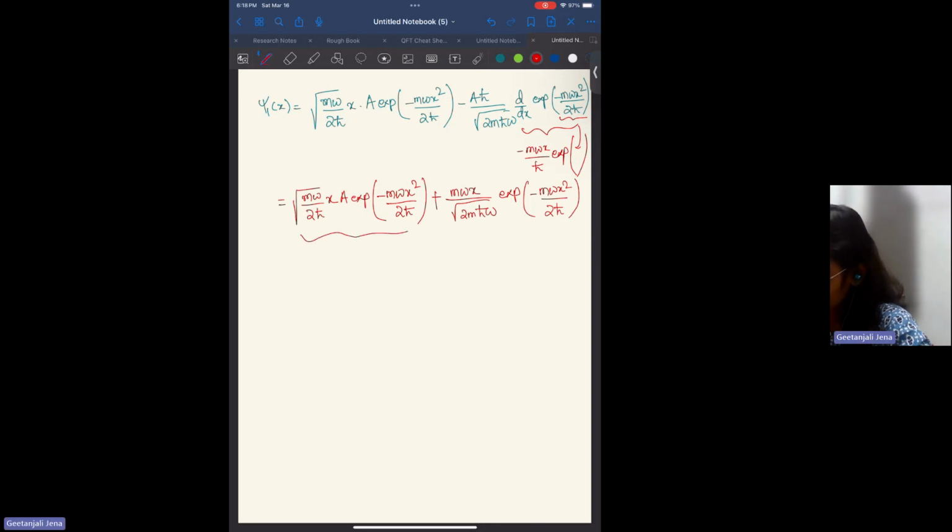So these two terms are the same. That means you will get 2 times m omega by 2h cut x A exponential minus m omega x square by 2h cut.